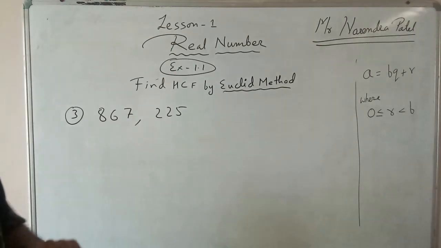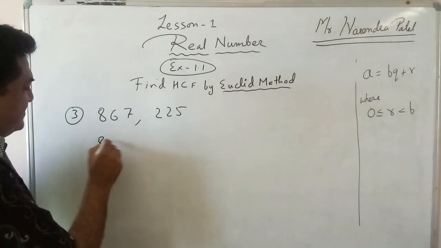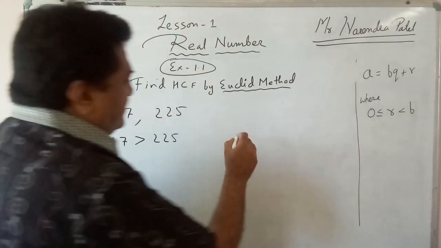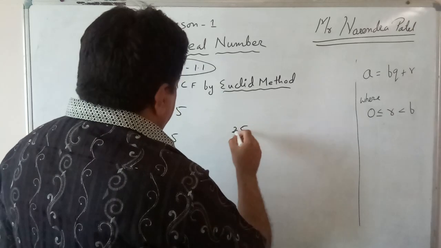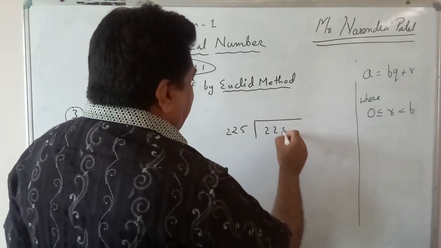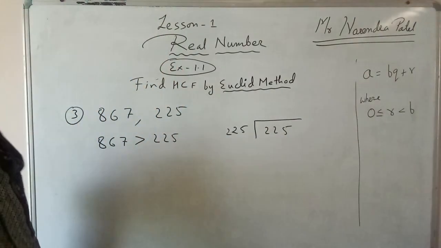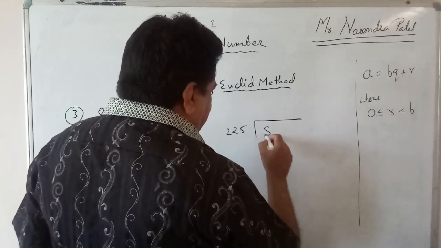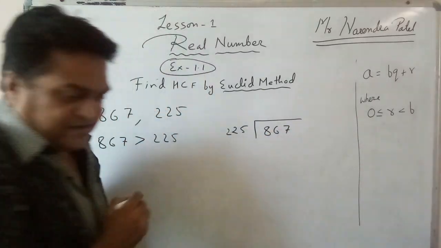So what I will do, I will check which is greater. 867 is greater than 225. So I will divide 867 by 225 like this. Greater one you have to write here, 867.